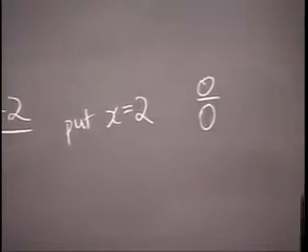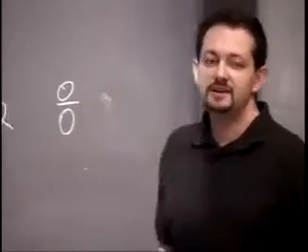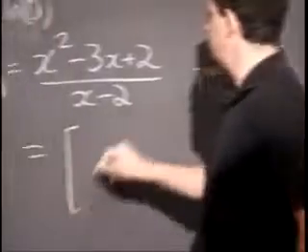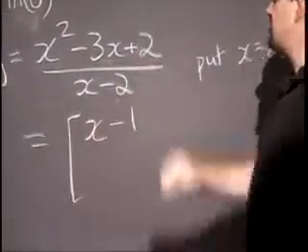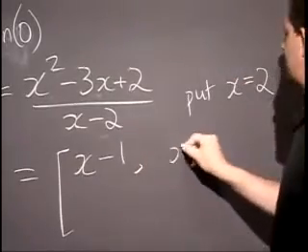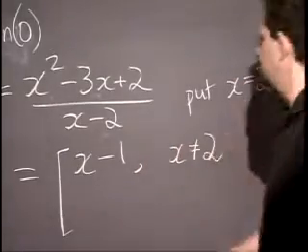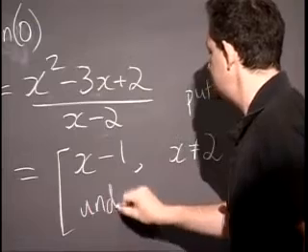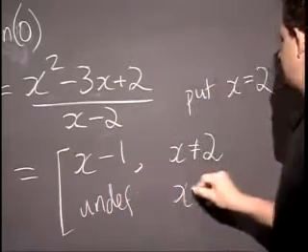Remember, that means that we can't just tell by looking at it what it is. It could actually be a vertical asymptote, or it could be, as it is in this case, a removable discontinuity. In fact, if you factor the top, you'll see that x minus 1 is the other factor. So this actually equals x minus 1 if x is not equal to 2 and is undefined when x equals 2.